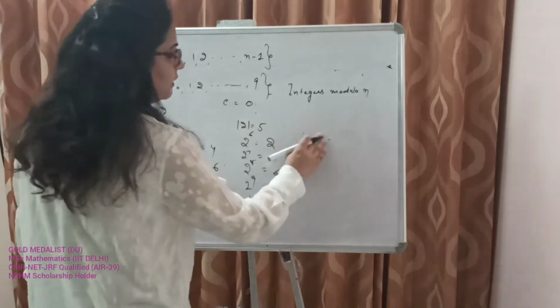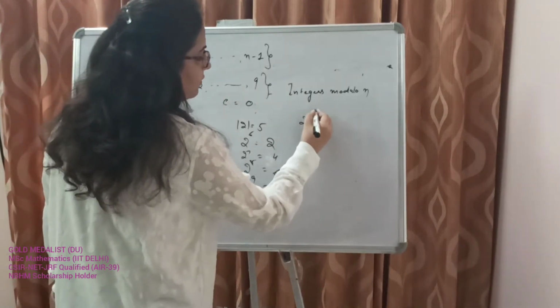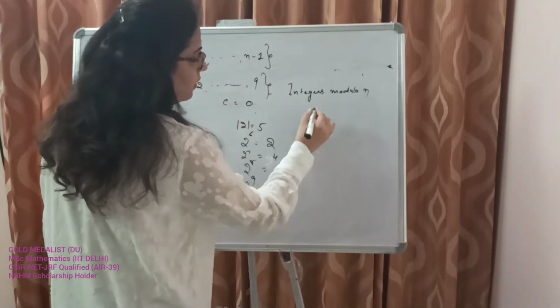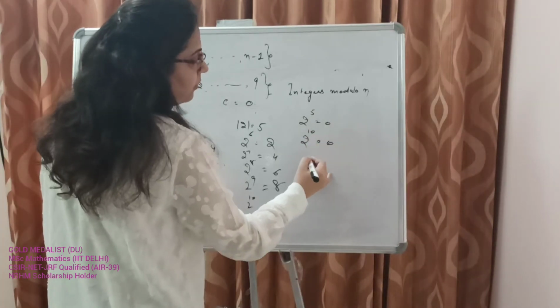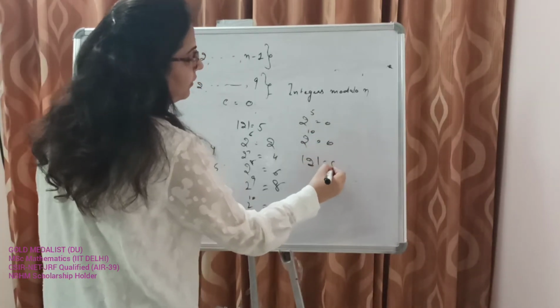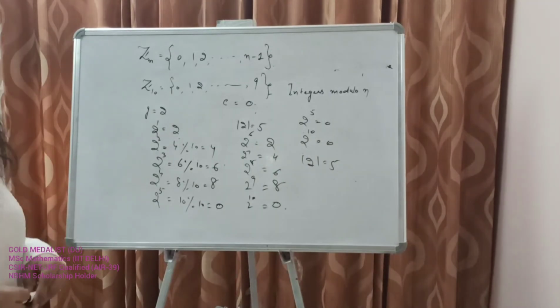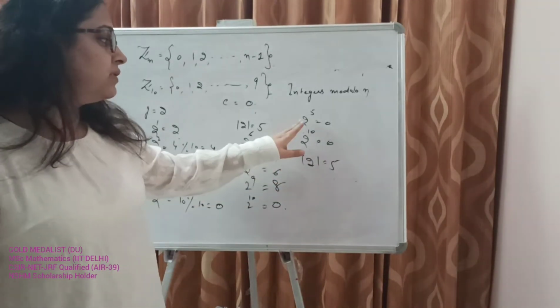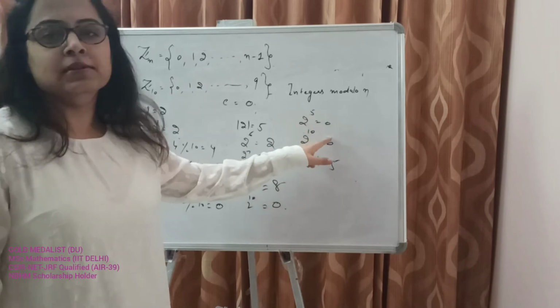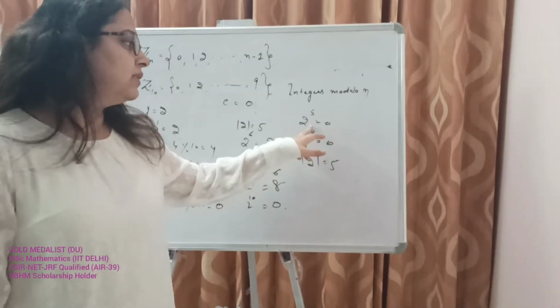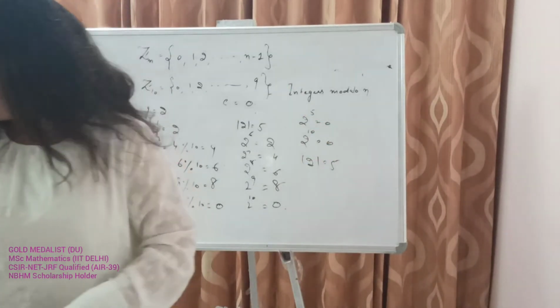So we got that 2 power 5 is also 0, 2 power 10 is also 0, but the order of 2 will be 5, because we defined that the order of an element is the least positive integer such that 2 power n is 0. So 5 is the order.